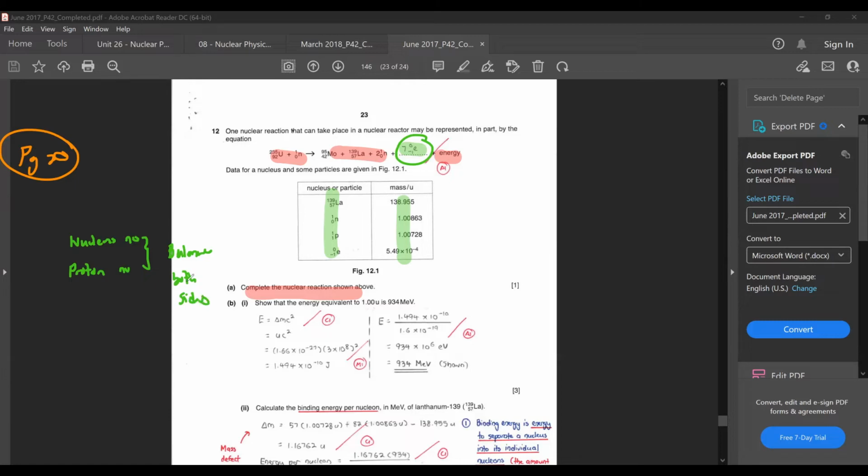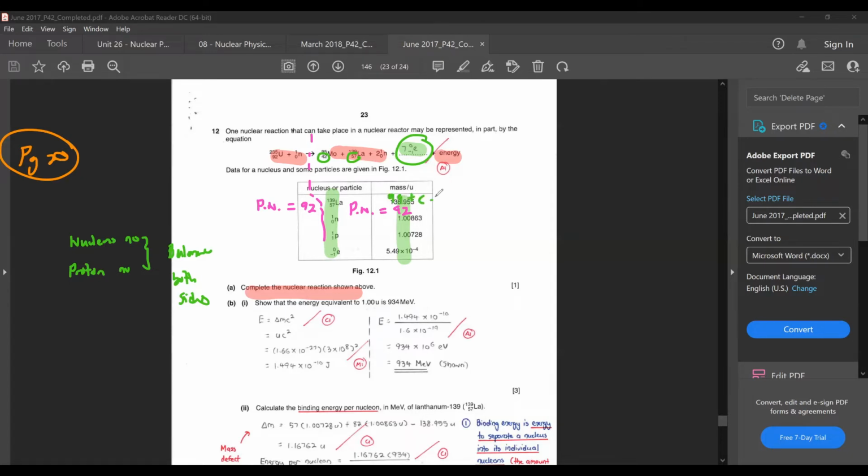Okay. So if you look at the proton number side, this one is 92. Okay. Before the reaction. After the reaction, the proton number should also be 92. But then when you count the proton number from here, this one 42 plus 57, was supposed to be 99.